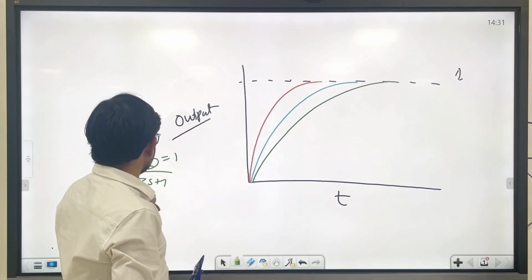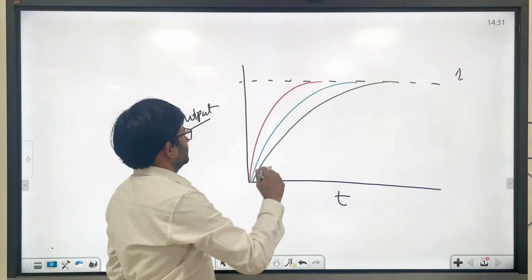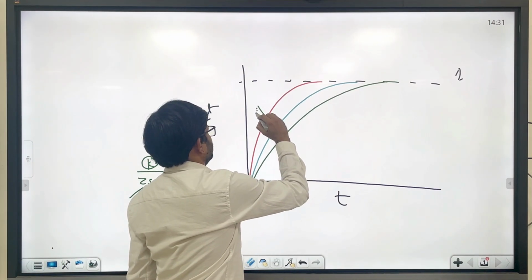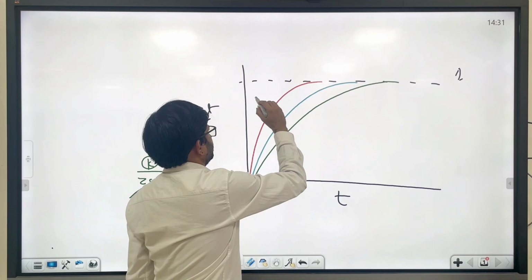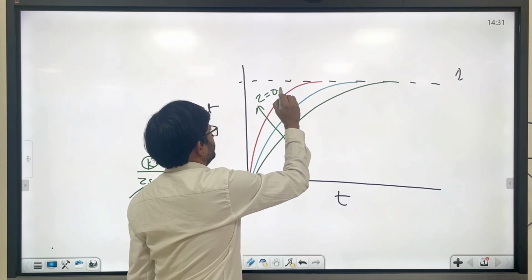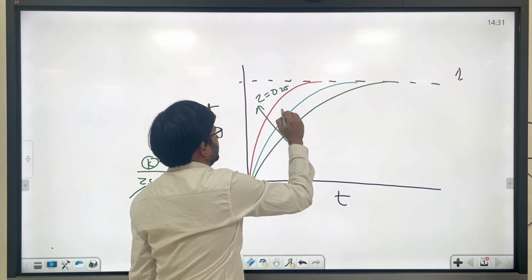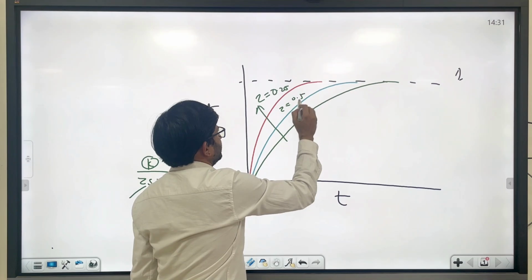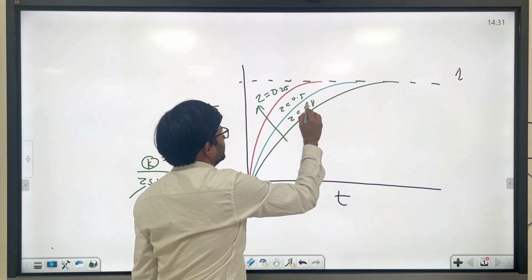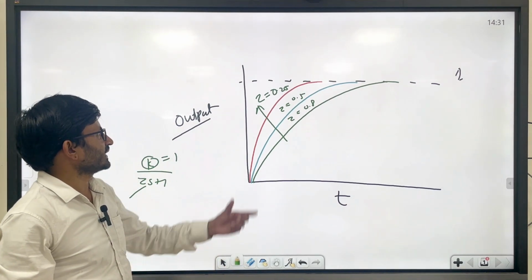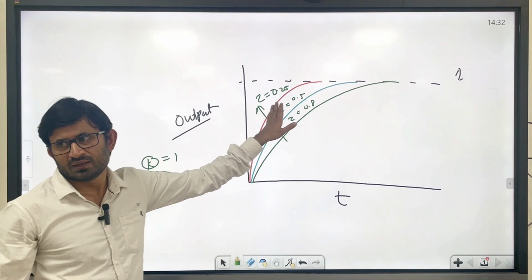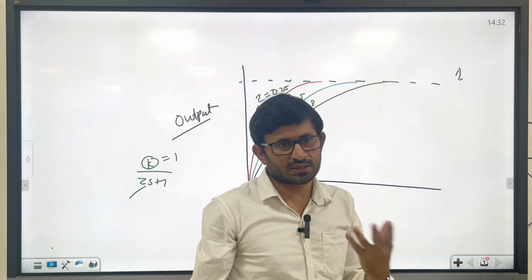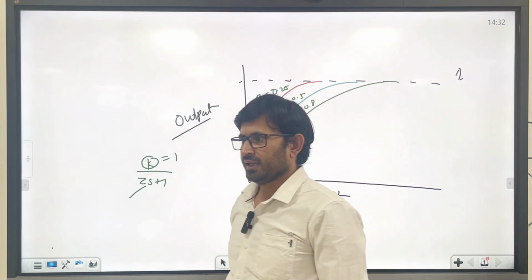That means if the tau value is less, let's say this is tau value 0.25 and this tau value is 0.5 and this tau value is 0.8. Okay, so that means when you decrease tau, you will have a faster response by the actuator.